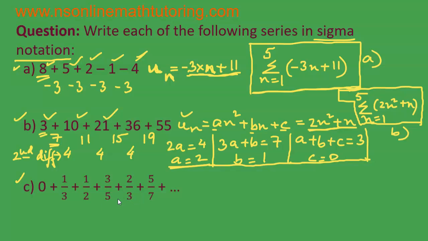But for a sigma notation, if I have to express the whole series with a single sigma notation, I cannot just separate the terms. I could have done that. I could have taken the terms 0 plus half plus 2 over 3. Then it would have been like this: 0 is 0 over 1, plus 1 over 2, plus 2 over 3.